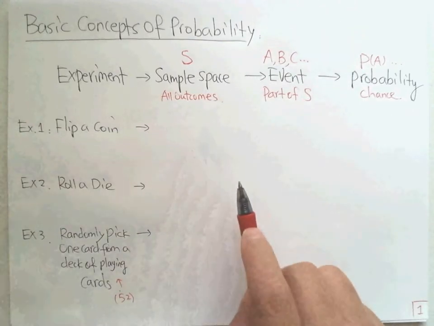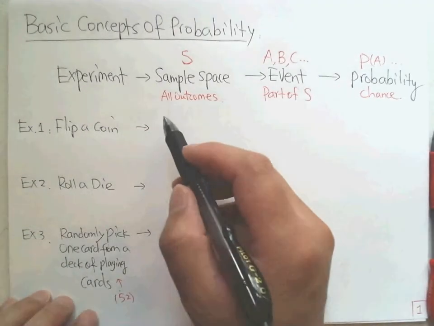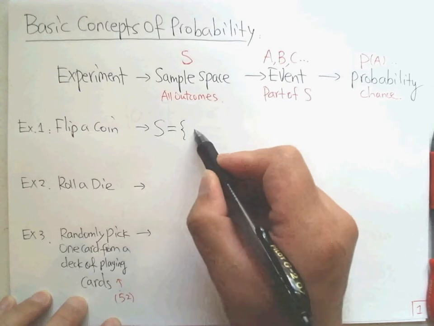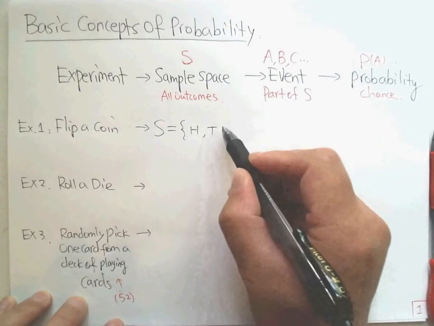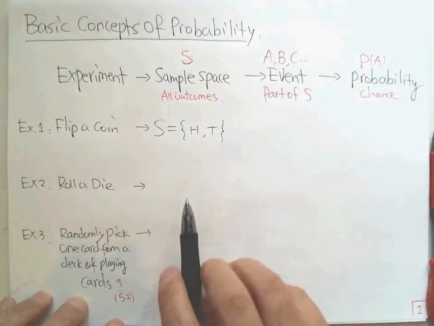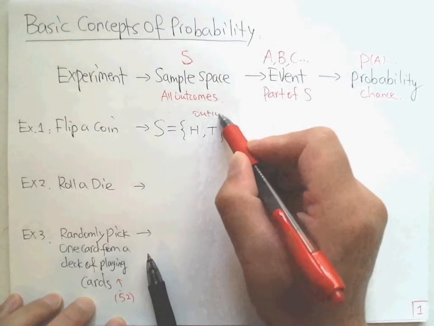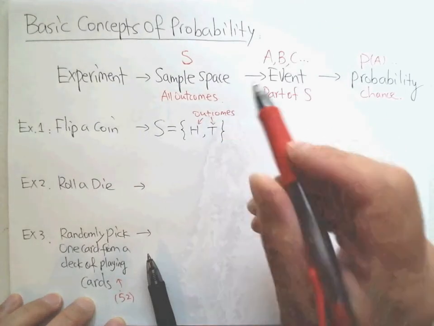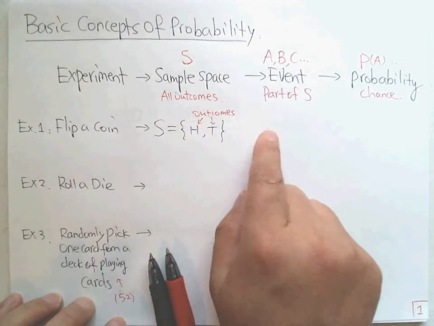I can write the sample space this way: I can either get a head up or a tail up. These are the outcomes, exactly only 2 outcomes: head up or tail up. All the outcomes put together give us the sample space. That's the basis we need to start on.